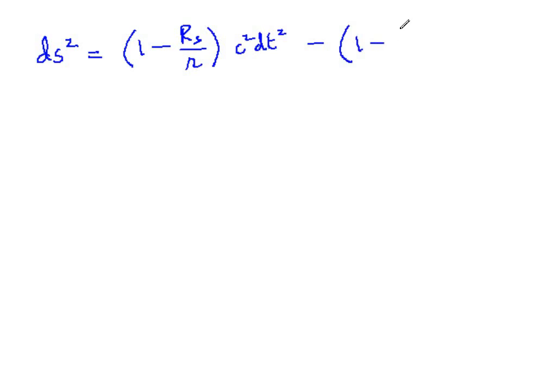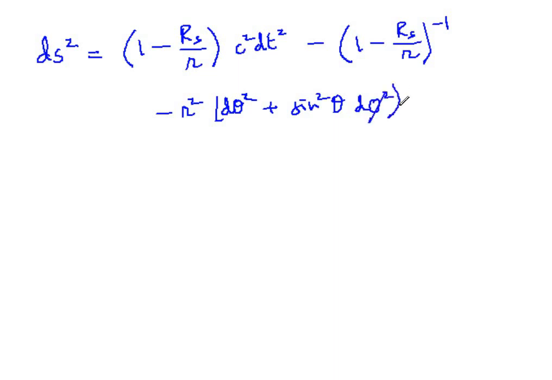So basically the same metric is ds square is equal to 1 minus Rs by r into c square dt square minus again 1 minus Rs by r with power minus 1, minus r square d theta square plus sin square theta d phi square. Good.